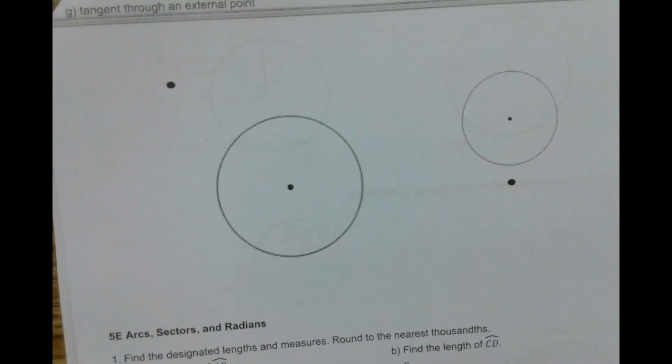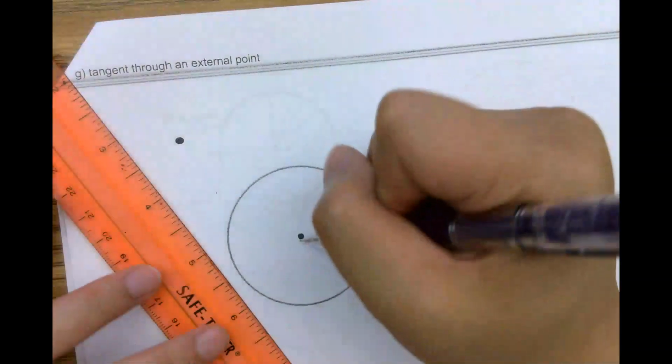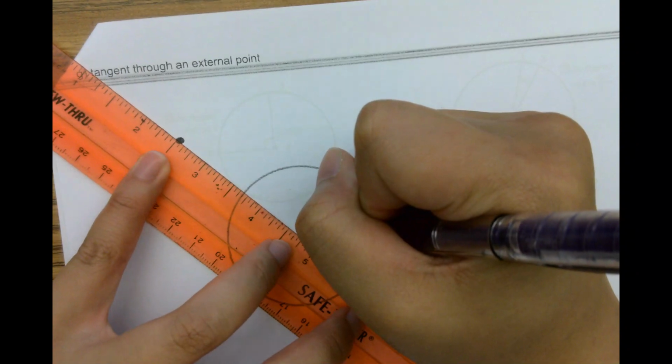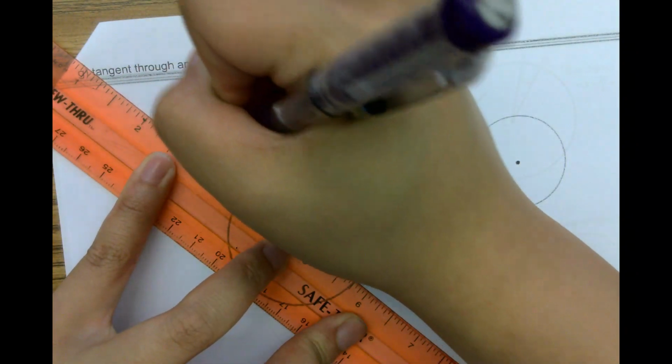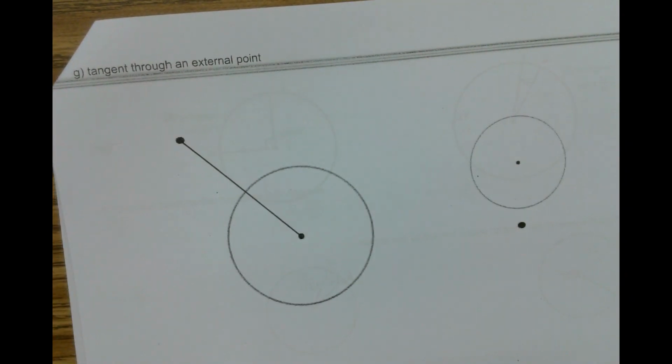Next one here is when it's not at that point. So what you're going to do is connect that external point to the center point. You don't need to go beyond it. Then you're going to do a perpendicular bisector.